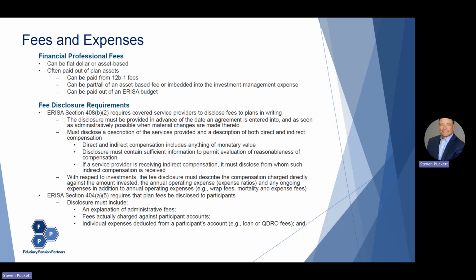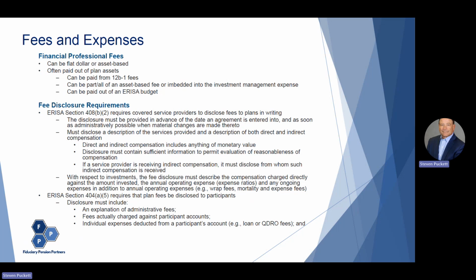Again, direct and indirect compensation includes anything of monetary value. Disclosure must contain sufficient information to allow the plan sponsor to assess reasonable compensation. And if a service provider is receiving indirect compensation, it must disclose that as well.